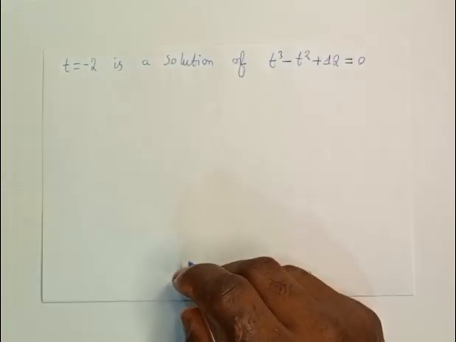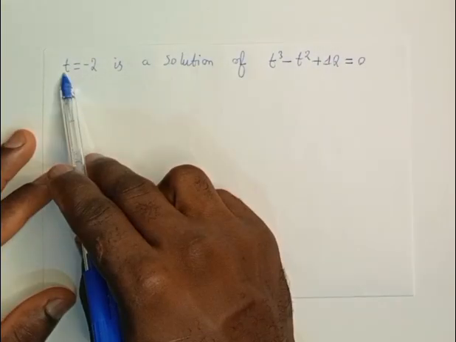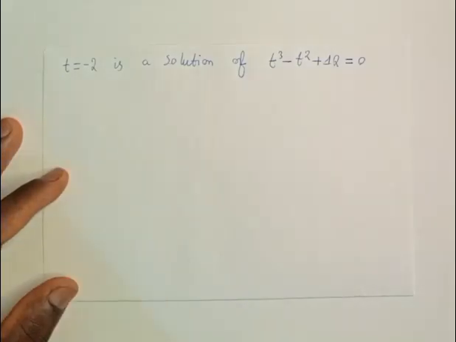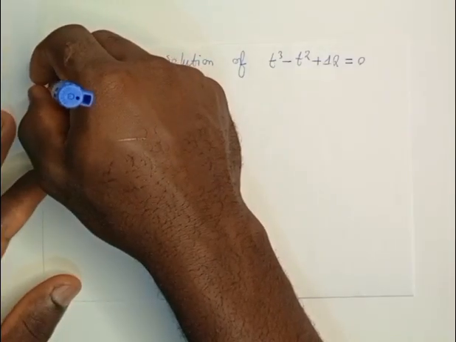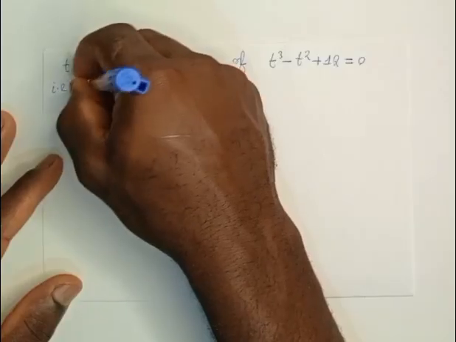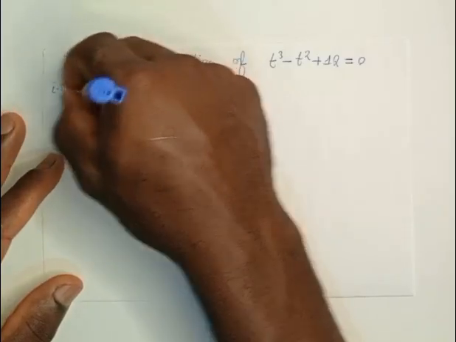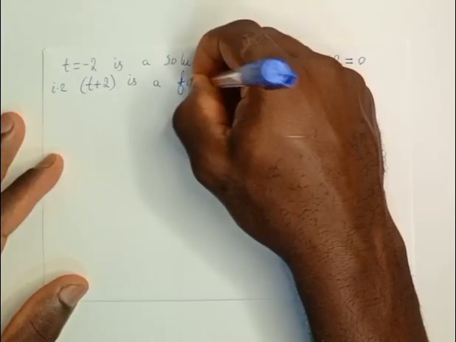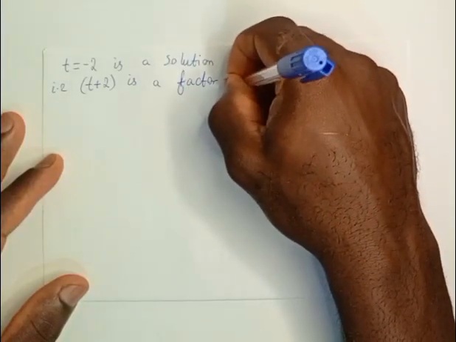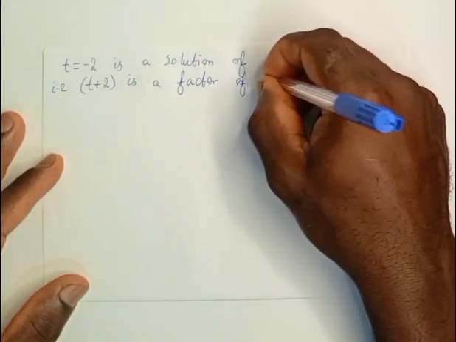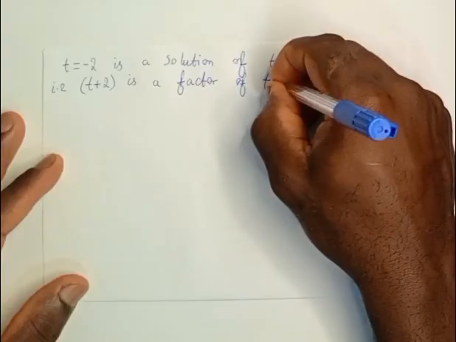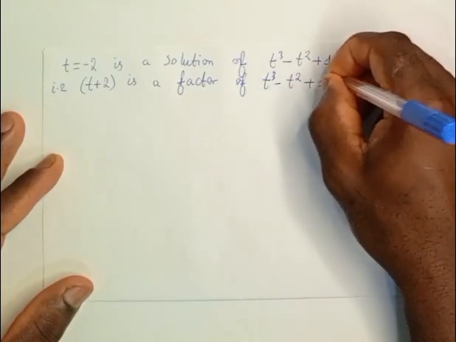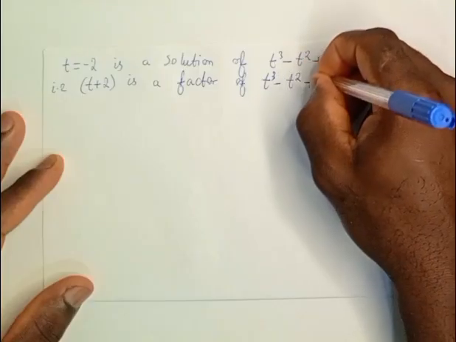It simply means that t plus 2 is a factor, that is, t plus 2 is a factor of the polynomial t cubed minus t squared plus 12.